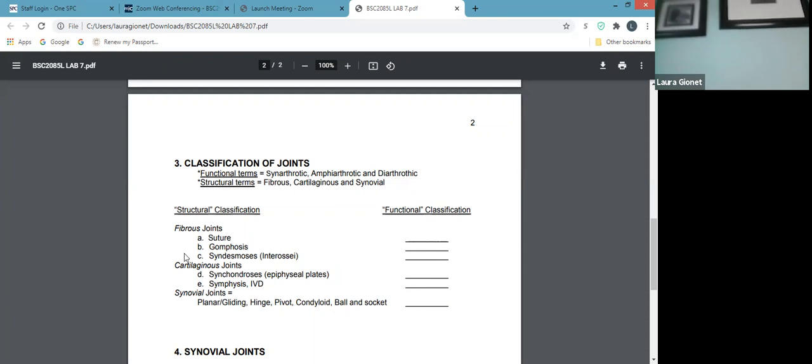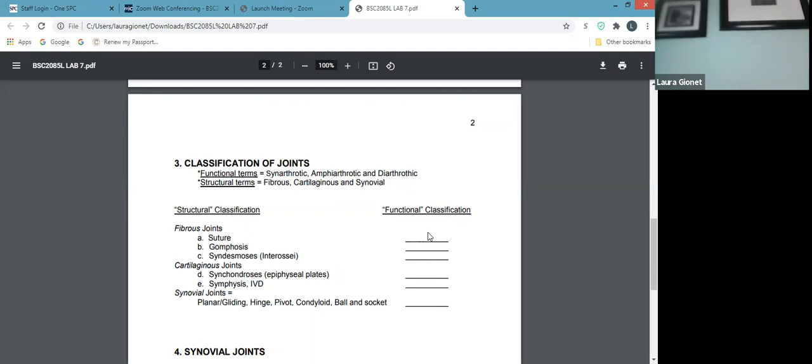Okay, so fibrous joints, sutures. Well, you know where sutures are located. We have a squamous suture, sagittal suture, lambdoidal suture. Every suture has fibrous connective tissue that very deeply holds the bones together. So a suture is an example of a fibrous joint. But let's classify it functionally at the same time.